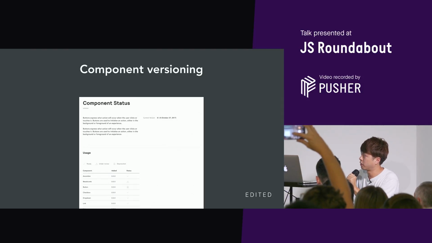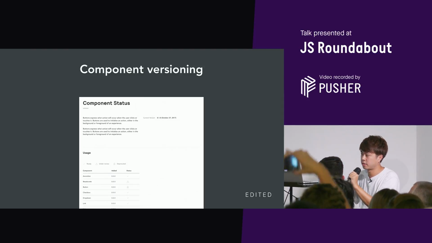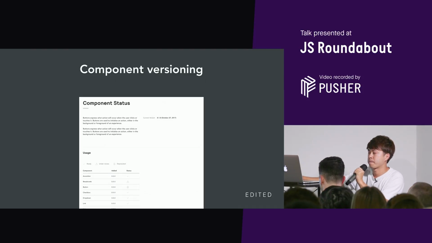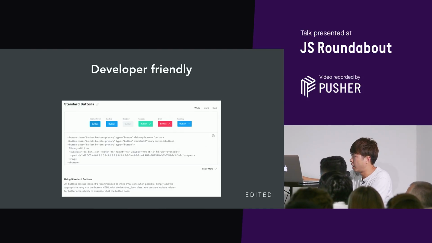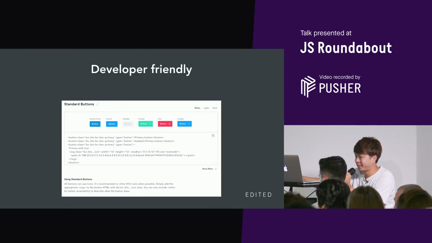So we have a component status to talk about each component: are they the most updated? Are they in review? And yes, of course, we have to make it developer friendly so that they can easily use it.